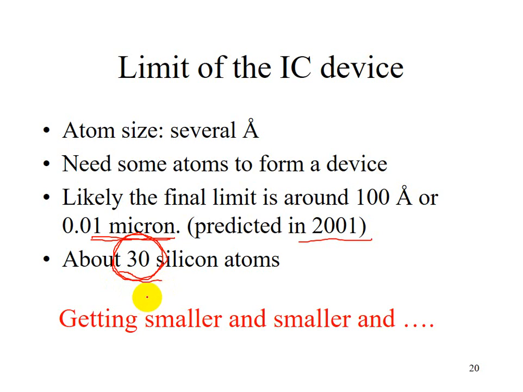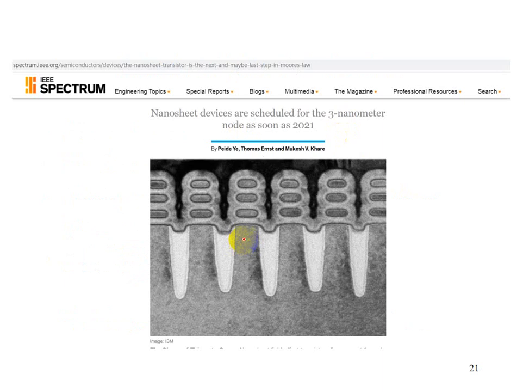So the IC is getting smaller and smaller, and you can come up with billions of transistors in an IC. And this is the 3 nanometer technology in the year 2021. This is the structure of a transistor.